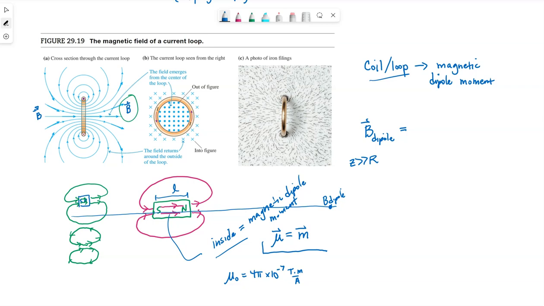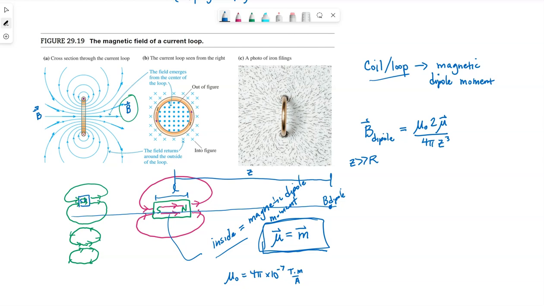The equation looks like this. Mu naught times mu, meaning dipole moment, over 4 pi Z cubed, where Z is this distance from the magnet, which essentially looks like a point because we're so far away.